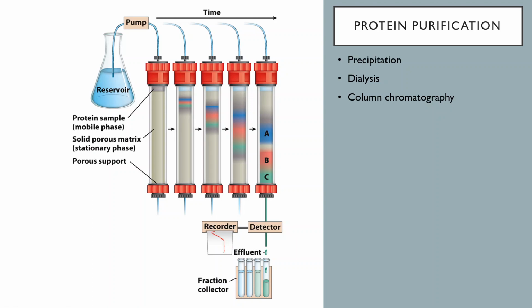One common way to separate proteins from each other, and in fact other types of molecules as well, not just proteins, is called column chromatography. In column chromatography, you make a column, which is just a big long tube.